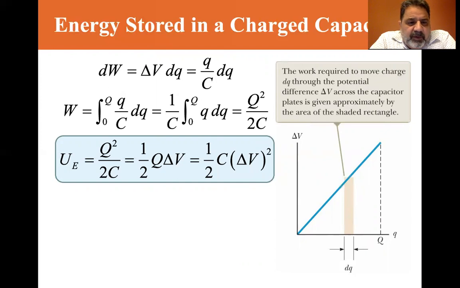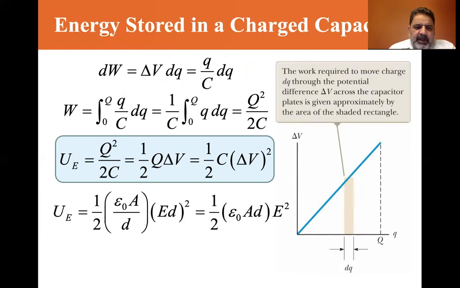Q squared divided by 2C, or 1/2 Q delta V, or 1/2 C delta V squared. So I'll do some example problems using two out of the 3 equations.